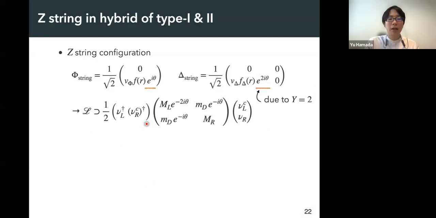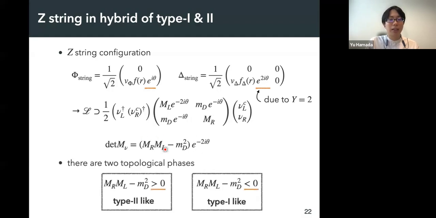And in this case, we have this 2x2 neutrino mass matrix. This is the most general because we have a left-handed Majorana mass, a right-handed Majorana mass, and Dirac masses. The determinant of this mass matrix is given by this one here.